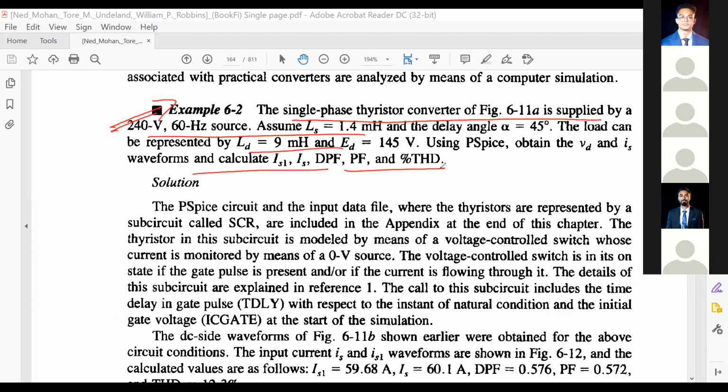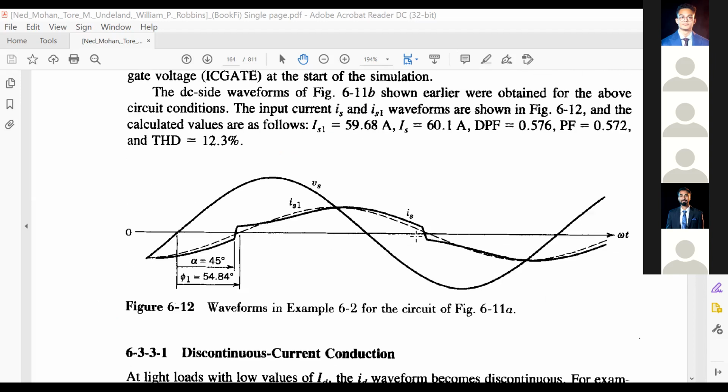So what I may do, and I normally do, is just put this figure and ask you to explain why the wave shape of the current is like this. So you understand this is the IS, look at the figure of the IS. Where do I get this IS?